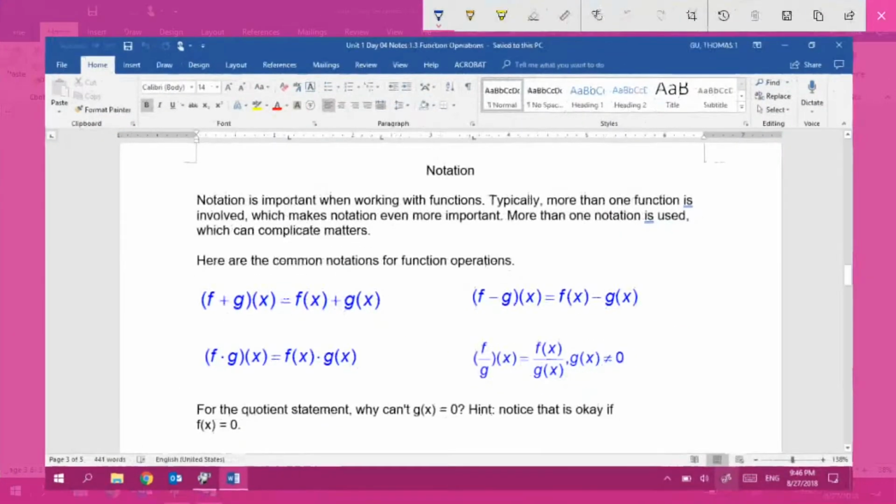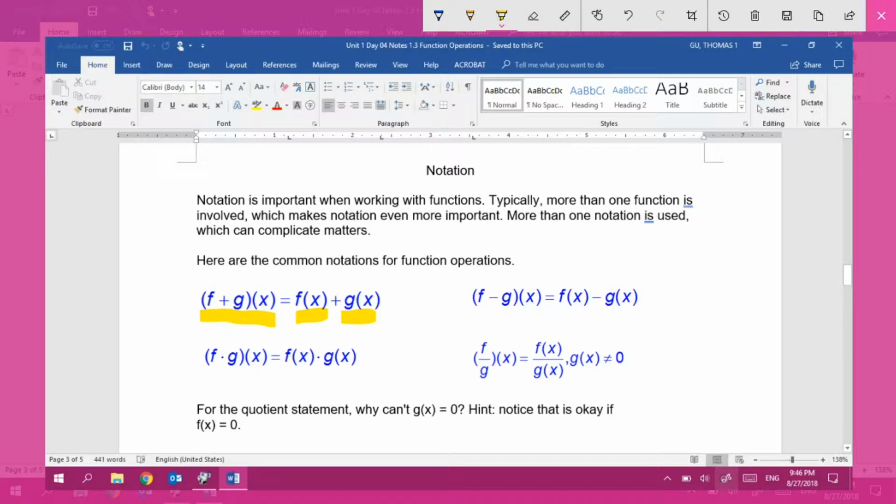Notation is really important when you're working with functions because if you don't know how to read this or what it even says, you're not going to be able to do the problem. So here are some common notations for function operations. F plus g of x is the same thing as saying f of x plus g of x.